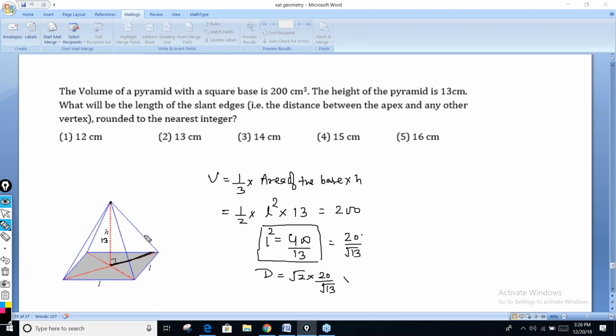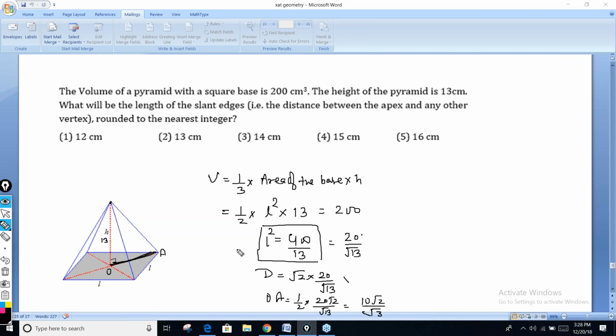We need to find out this now. So I'm using half of the diagonal and that is 13. Let's say I name it OA. The OA will be half of this, 20 root 2 upon root 13, that is 10 root 2 upon root 13.